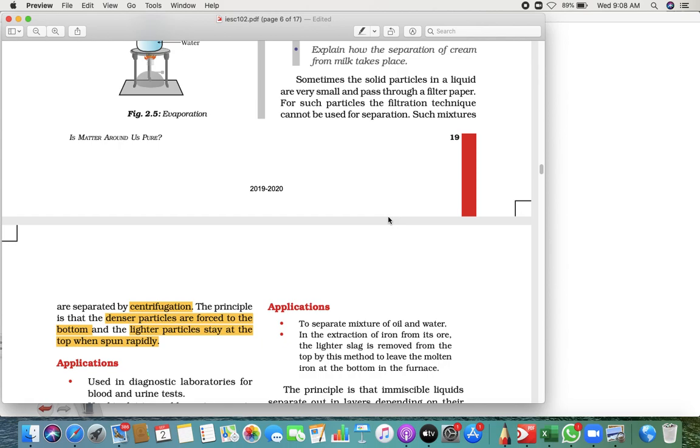When they switch it on, the test tube will move round like the tora we used to ride when we went to a circus. That is actually how a centrifugation machine works.